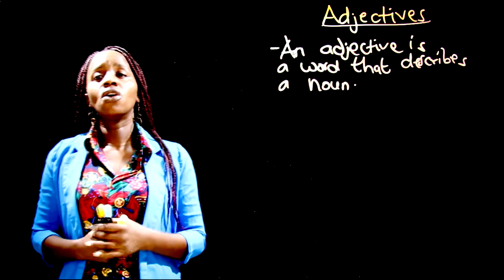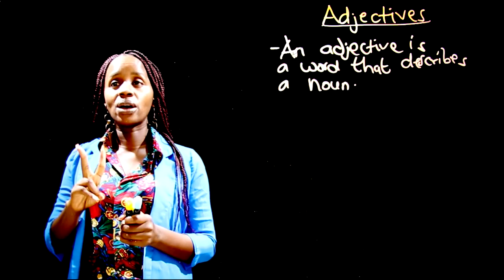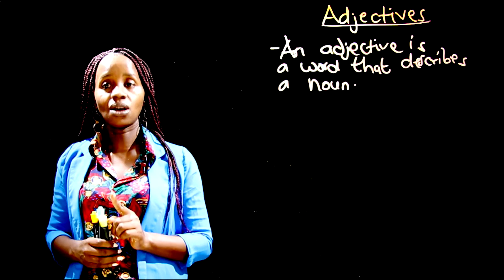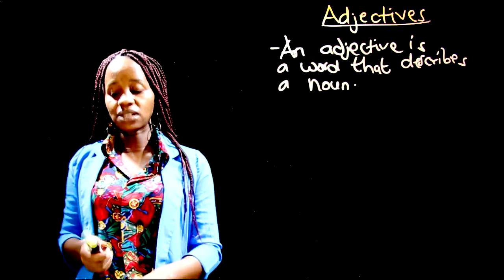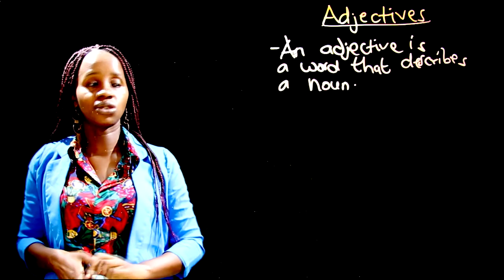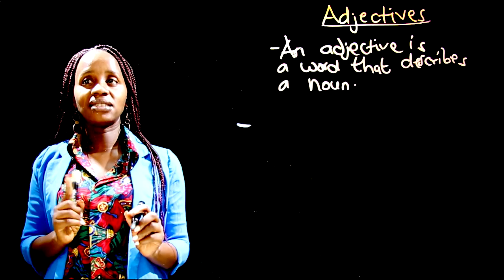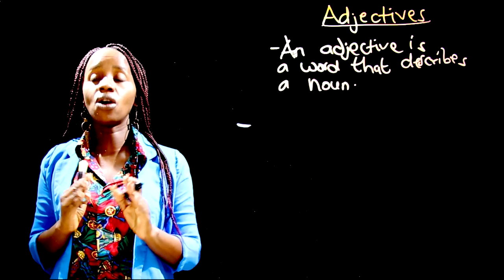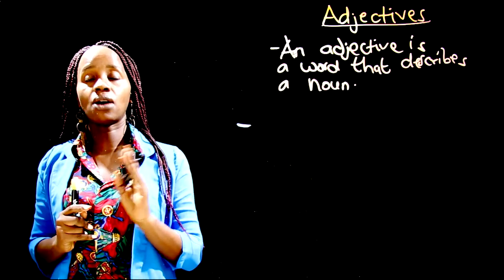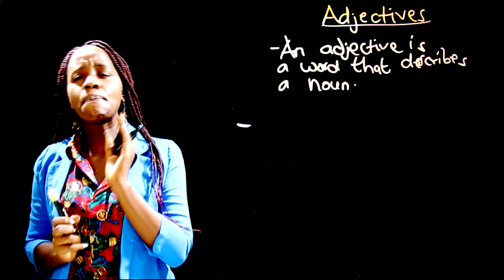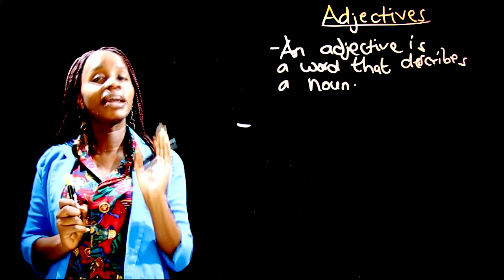There are two ways in which an adjective can appear in a sentence. One, the one that you are very conversant with, is that an adjective can come immediately before a noun.